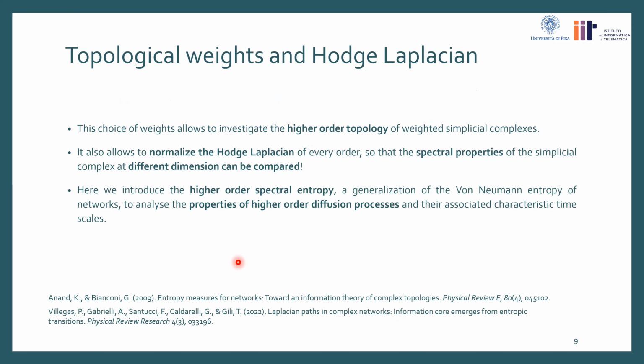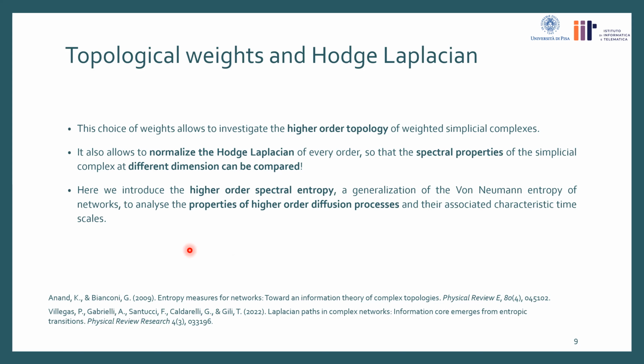But besides the advantage of being a faithful representation of the higher order interactions, they bring also some other advantages related to the spectral analysis of the higher order interactions. In particular, this choice of weights allows us to normalize the Hodge Laplacian, which is the higher order version of the graph Laplacian.